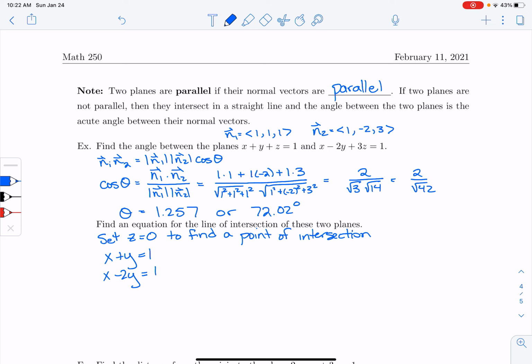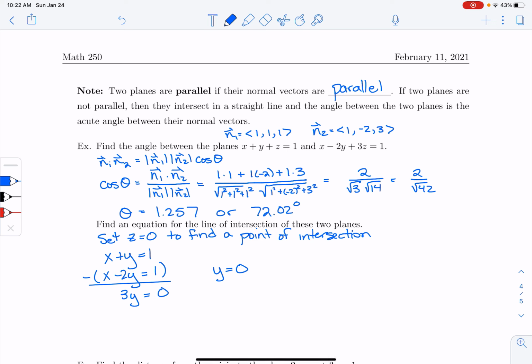And what I'm going to do is take the first equation and subtract the second one. And so then I get that y plus 2y, which is 3y, is equal to 0. So indeed, we can say that the planes intersect where y equals 0.